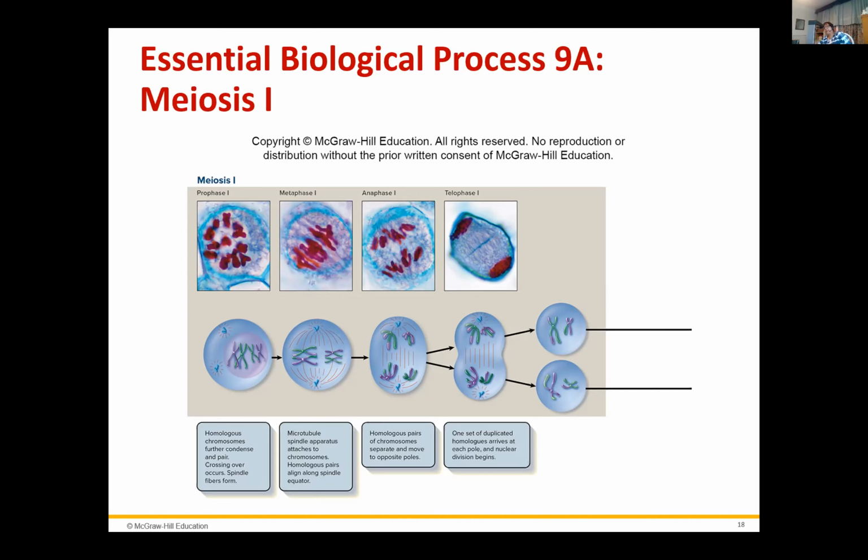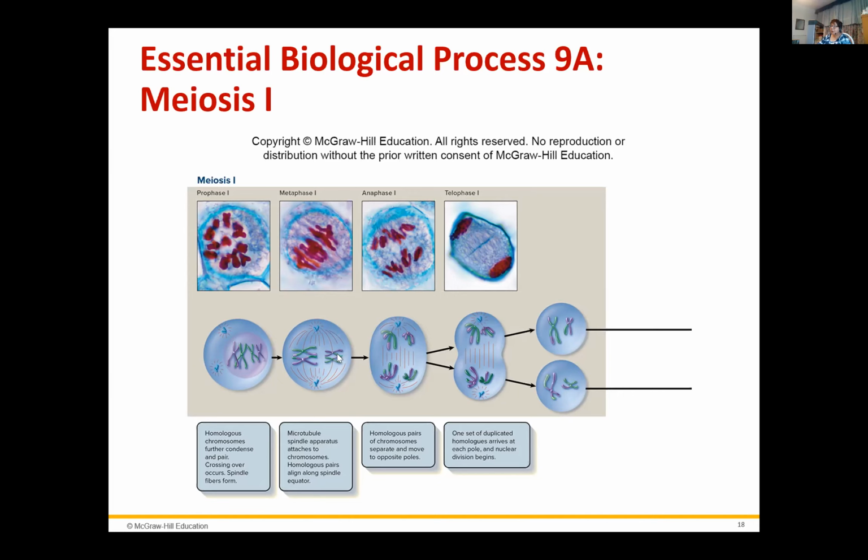So this is why we say this is kind of independent assortment. One of the possible ways that this pair lined up had no impact on the possible ways that the second pair lined up. But what is going to eventually happen in anaphase is that we're going to separate members of a pair. So one big chromosome will go in this direction, one little chromosome will go in that direction.